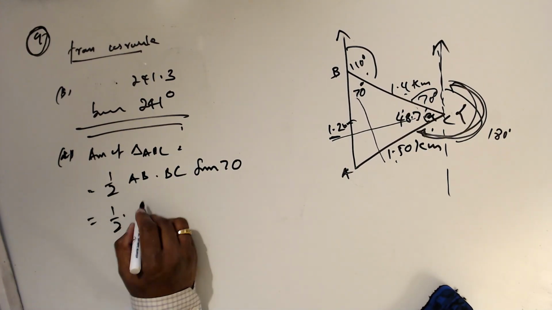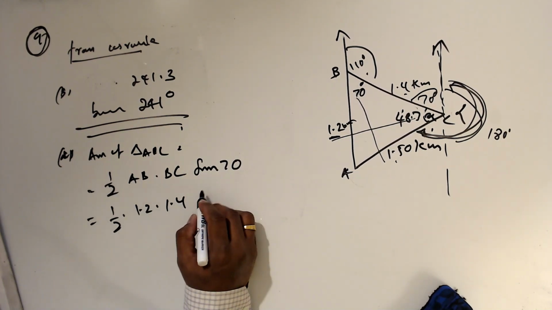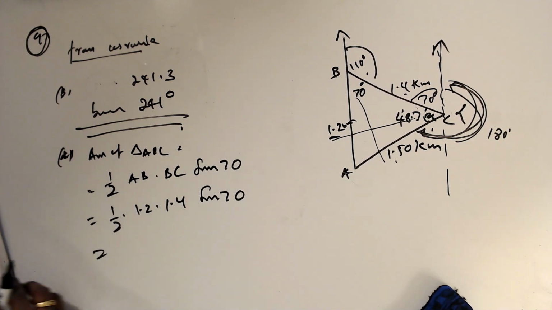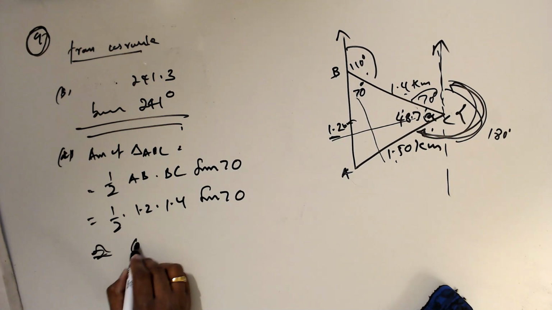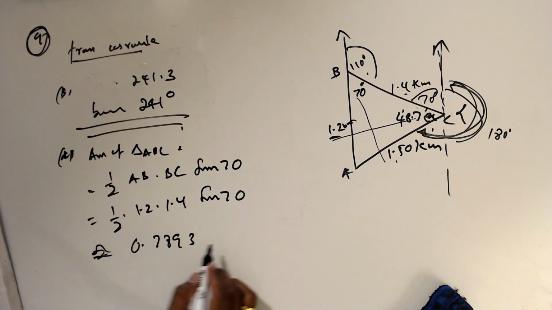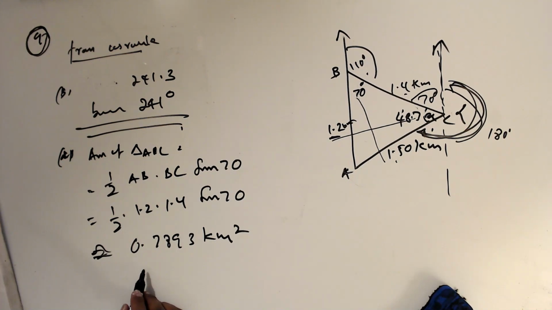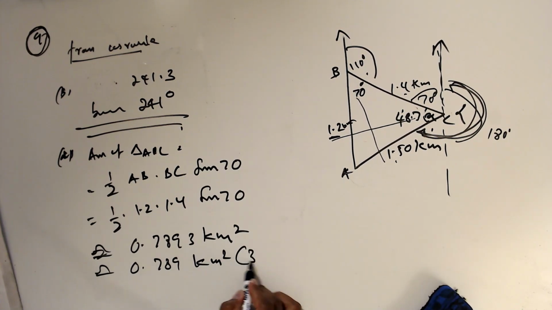Half, AB is 1.2, BC is 1.4 times sine 70. Answer is approximately 0.7893 square, to 3 s.f.